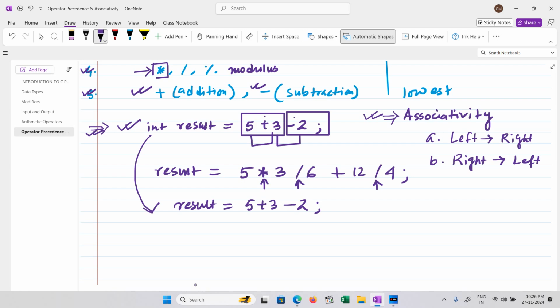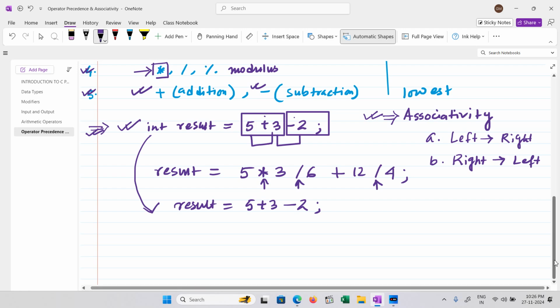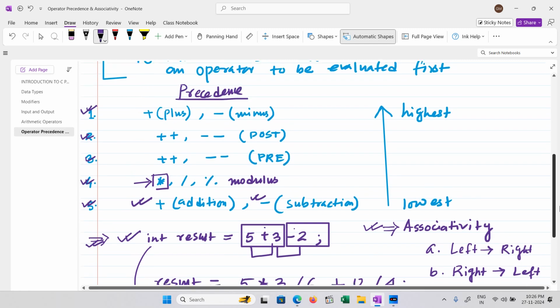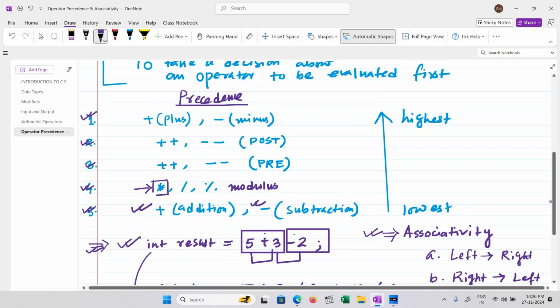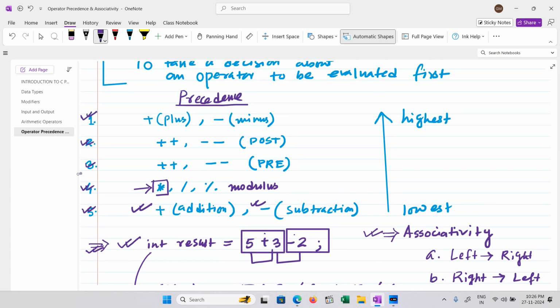Remember, in our precedence table we have written two different categories of operators, right? These are the unary and these are the binary. Unary plus and unary minus, along with post increment and decrement, follow the order right to left.